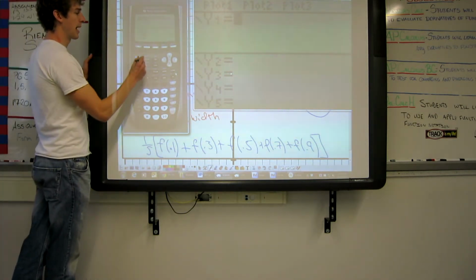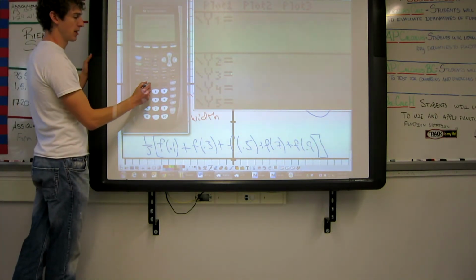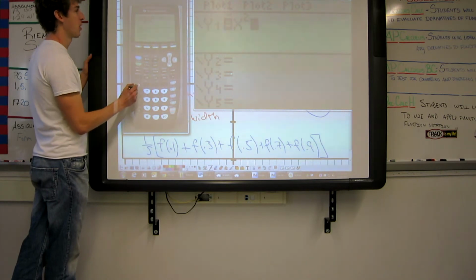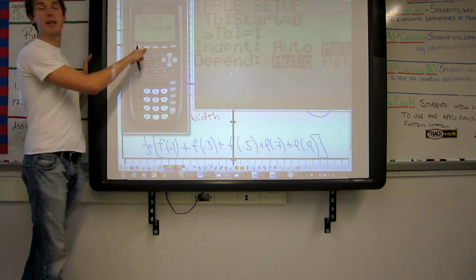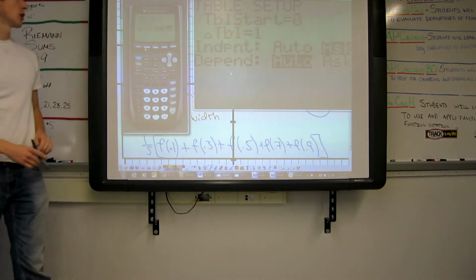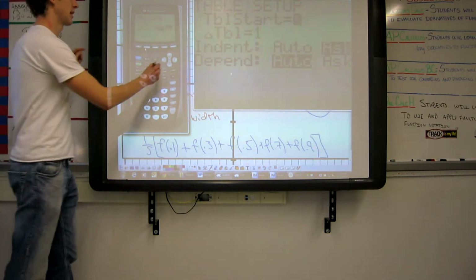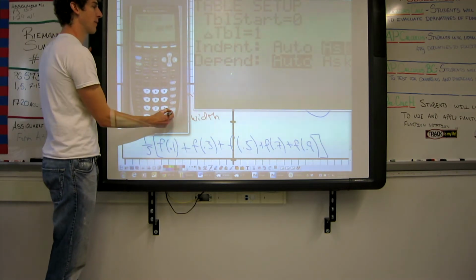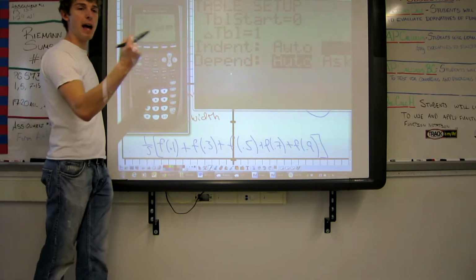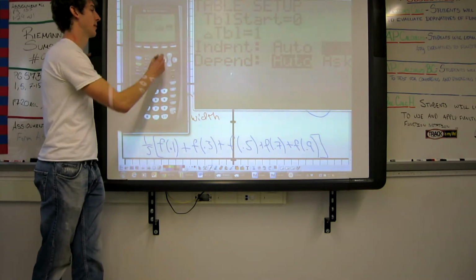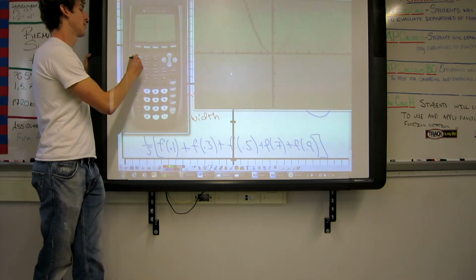So y equals x squared is our function that we're using. So we're gonna throw that in our y1. Then you go to second table set, that's above window. And you need to go to independent variable. You want to set it to ask, so that way you can put in whatever independent variable you want. And then the dependent variable is on auto. It will give you back the dependent variable, the y, the output, right? So then we go to second table.